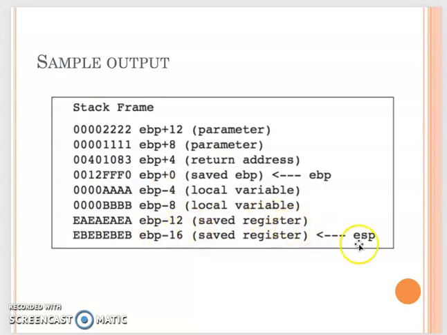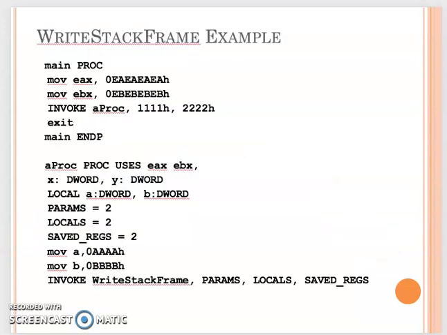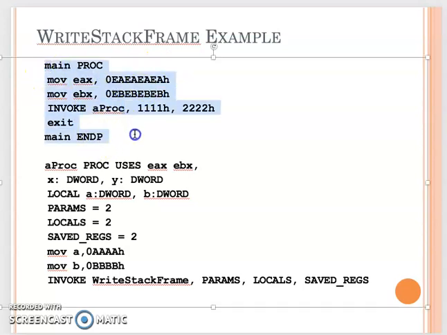So here you see that will also show you where the current ESP is. So this one, you can see we have this example. Your main function just tries to invoke a procedure we call AddProc. So this AddProc, you can see you invoke that and you pass in 2 values.